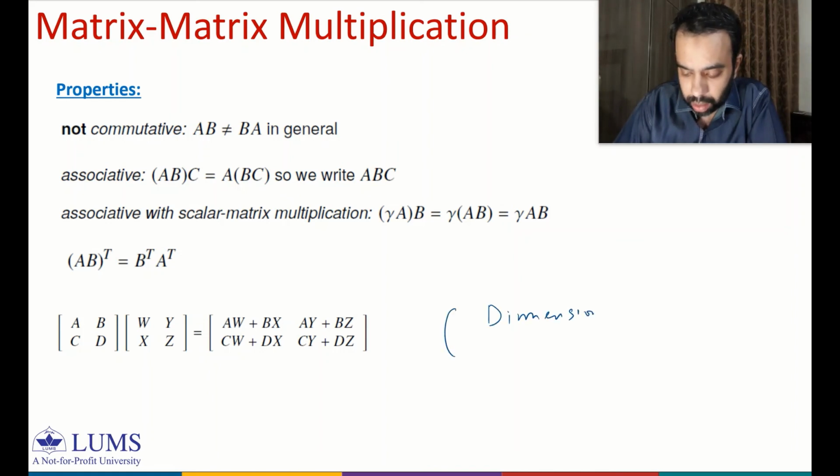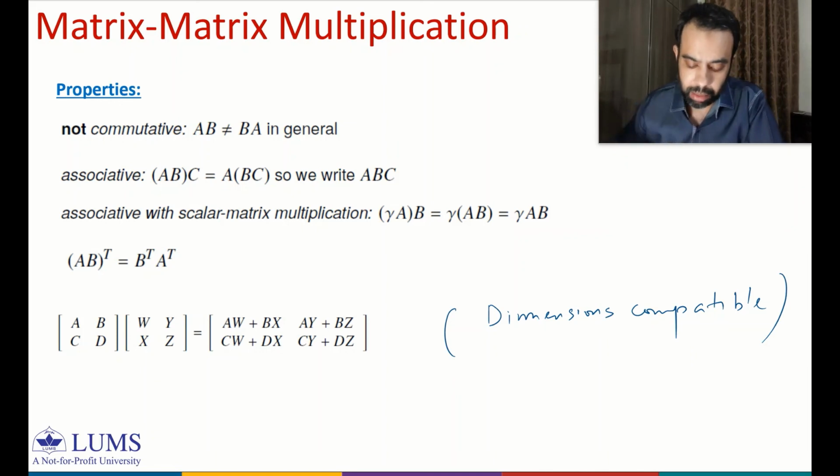We assume that the dimensions are compatible for these block matrices. That simply means if we want to multiply A and W, we want the number of columns in A to be the same as the number of rows in W.